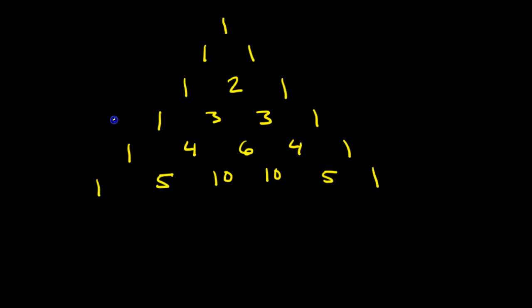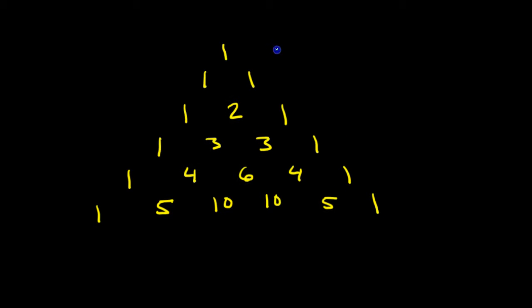Now, these rows form the coefficients of polynomials. So if I want to do a binomial raised to a power, if that power is the 0 power, I use this row.